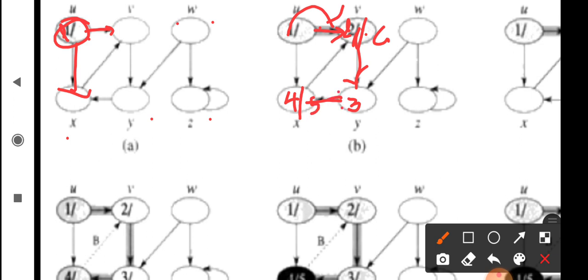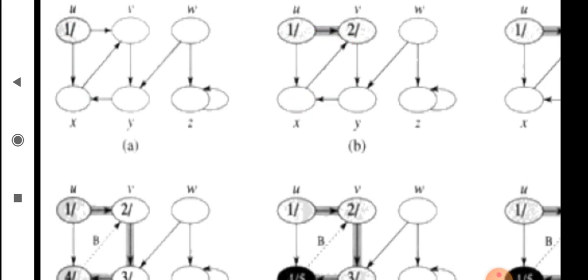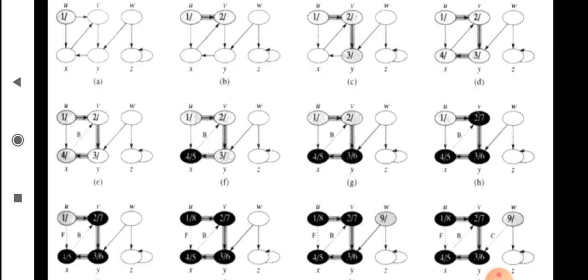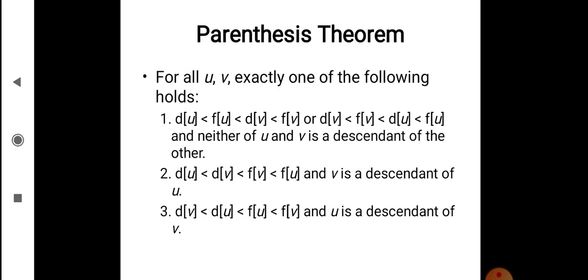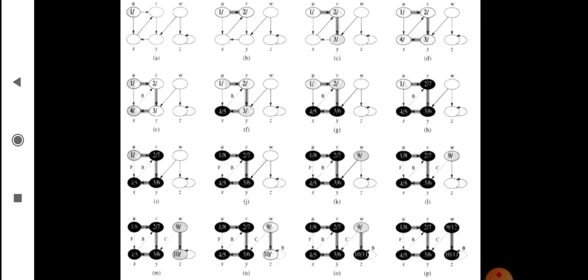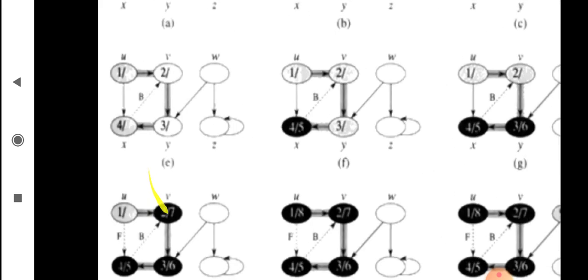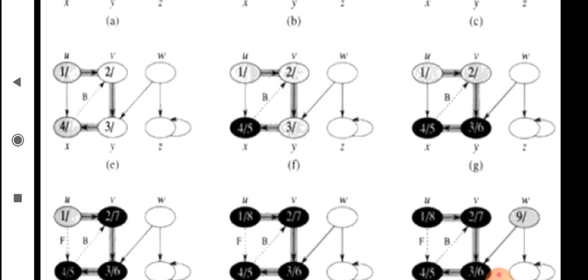So move backward. Then all of Y's adjacent nodes are finished. So the time is 5 plus 1, 6. Then again move upwards. That is here 4. Each time we visit, its color will be changed to gray.